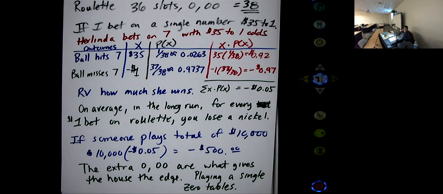How do I do this in StatCrunch? Let's take a look. Let me get StatCrunch over.